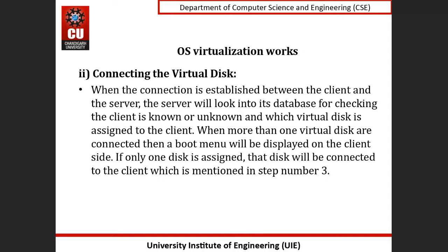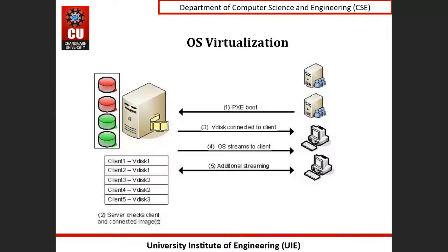When the connection between the client and server is established, the server will look into its database, checking whether the client is known or unknown, right? And whether it is known or unknown, which virtual disk is assigned to that client. You can see that in the diagram too.